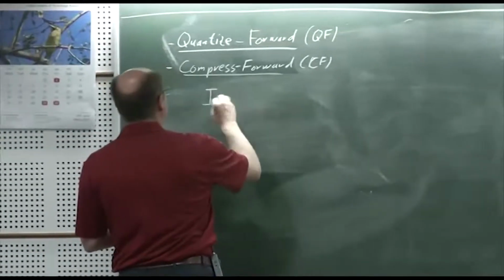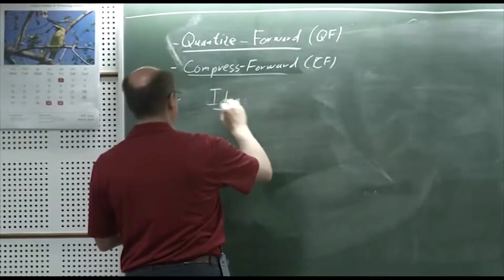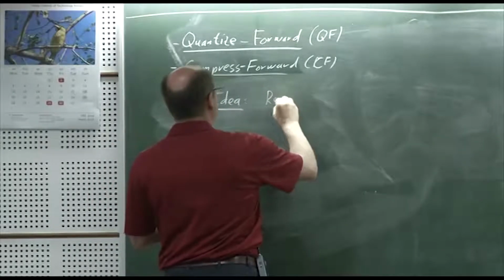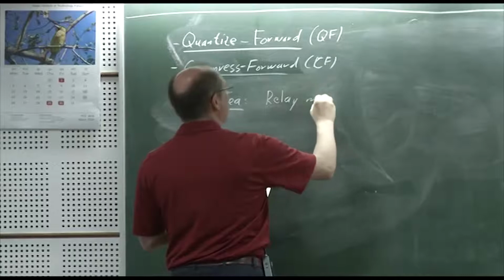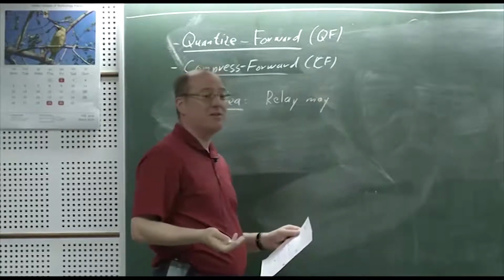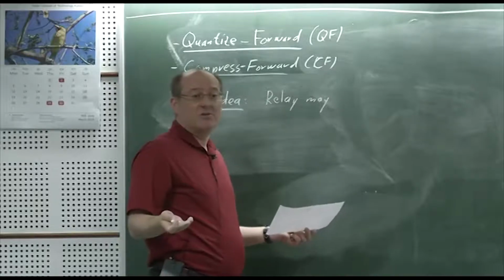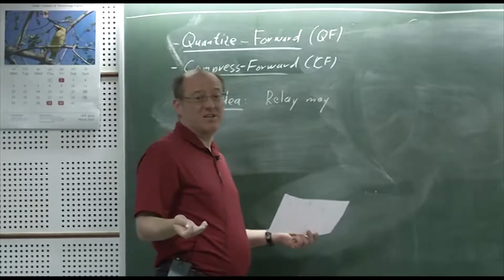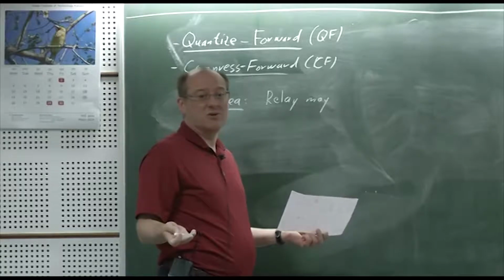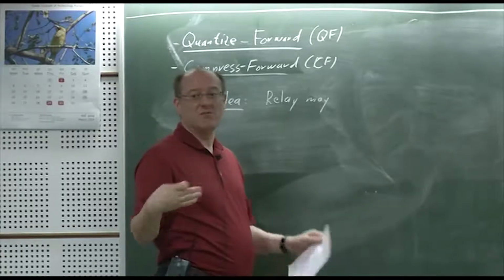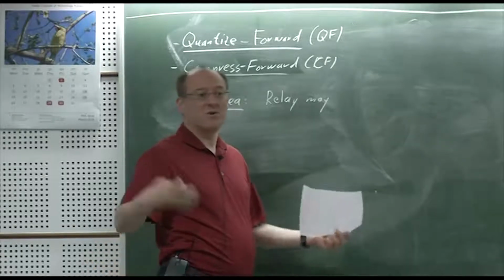Okay, so the idea is the relay may not be able to decode, or may not even want to. For example, it may not even know what the coding protocol is. So what's nice about this kind of thing is we don't even have to know whether we're using GSM or LTE or 5G. It doesn't matter. You can just quantize and ship.